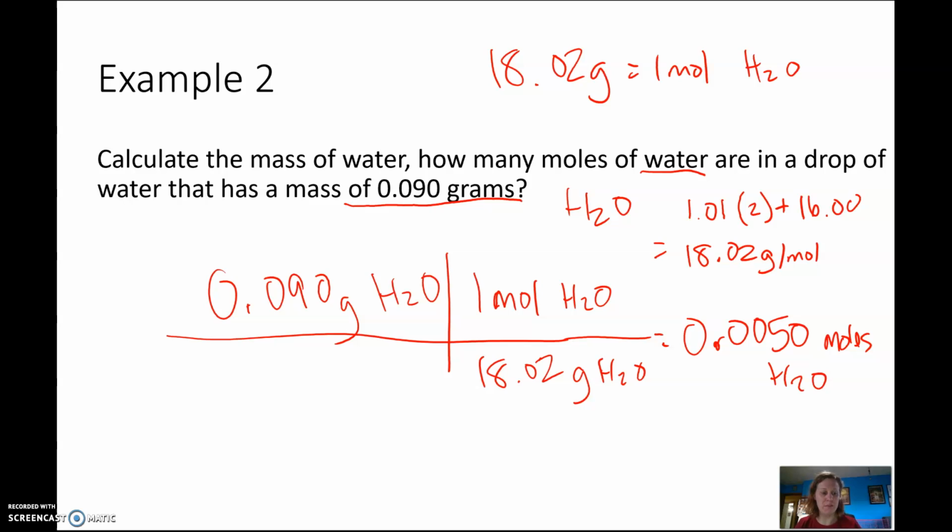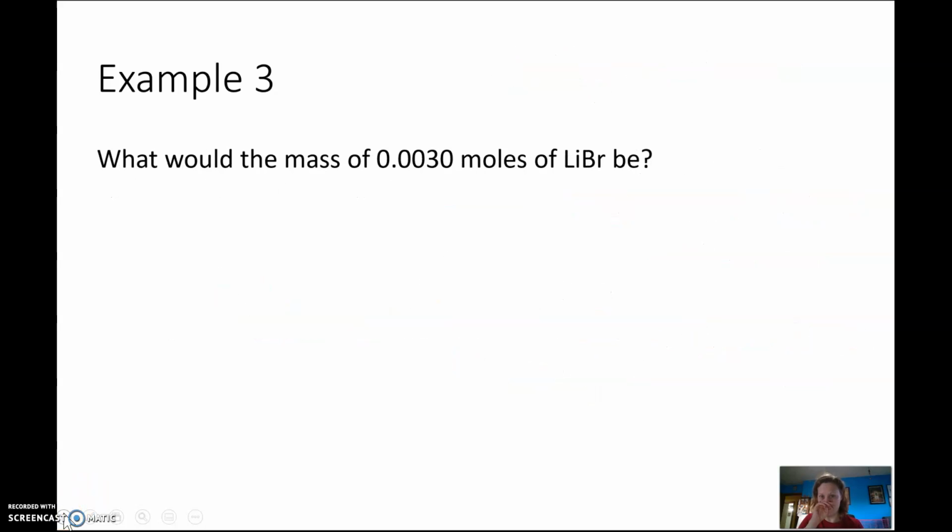All right, 2 more examples and then you get to do 4 problems and then you're done. Example number 3: what would be the mass of 0.0030 moles LiBr? Mass is grams. Again, this one doesn't say find the molar mass, but that's the conversion factor. So the first thing to do is find the molar mass of LiBr.